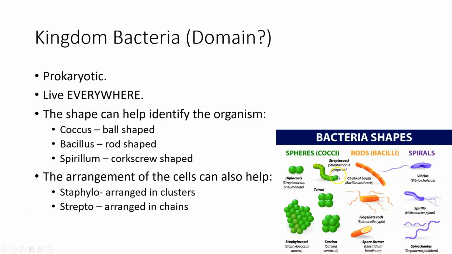Strepto occurs in chains. Streptococcus would be a chain of coccus organisms. There can also be streptobacilli. Bacilli don't really do staphylo arrangements though, but here's your streptococcus arrangement, and Streptococcus pyogenes is the species that causes strep throat, which again, we'll talk about a little bit more later on. So make some flashcards of those shapes and arrangements because those are going to help you recognize the bacteria that we're about to start looking at.